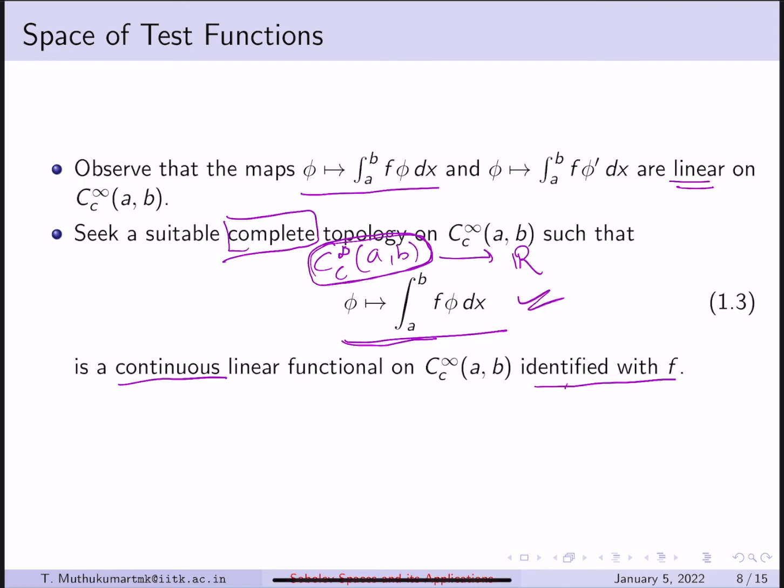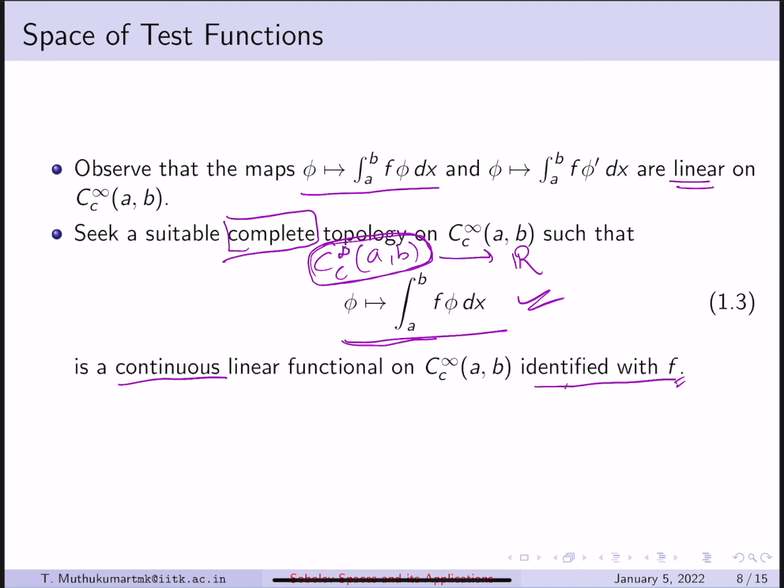So what we have done is a kind of generalization of the function. You started with a function, because any generalization that we do finally has to coincide with the classical notion, right? So here I started with a classical function, and I've identified a continuous linear functional. I'm not yet done, I'm just motivating here.